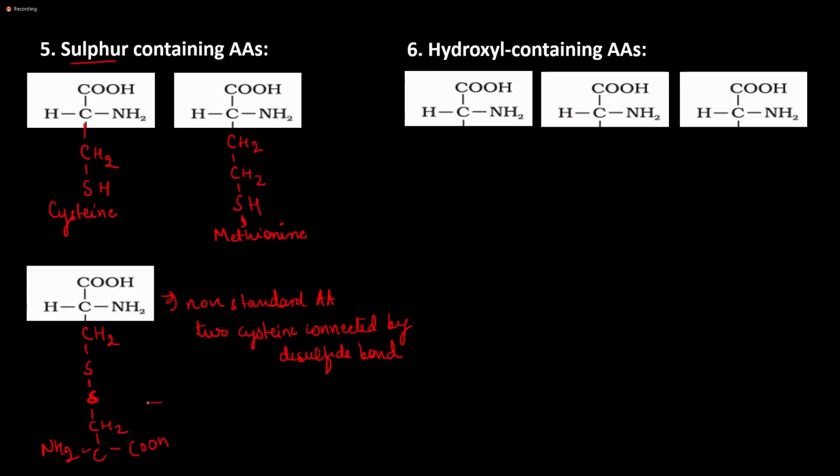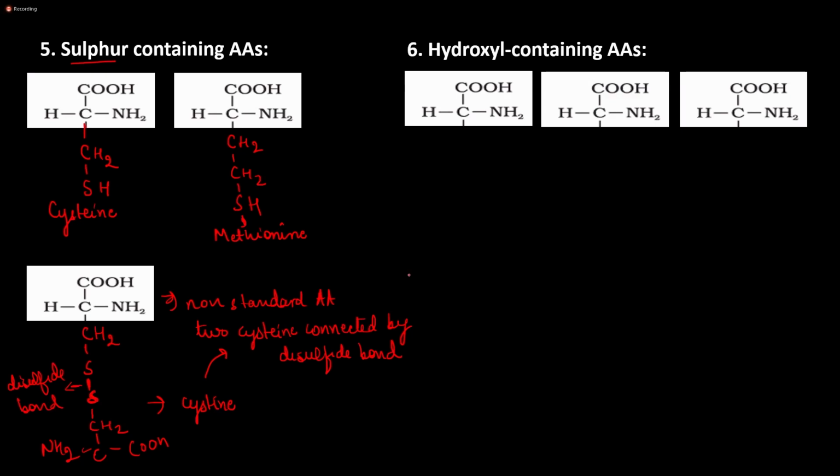So this is the structure of cystine. There is a difference in the spelling of this cystine and this cysteine. This one is 2 cysteine connected by a disulfide bond, and this is the disulfide bond. Okay, so these are sulfur containing amino acids.